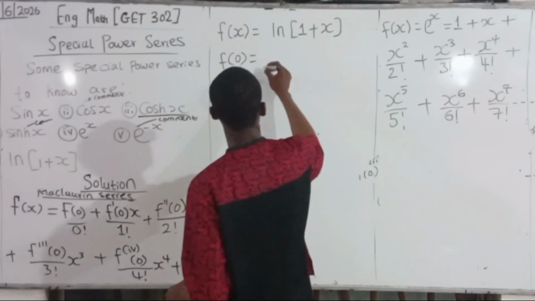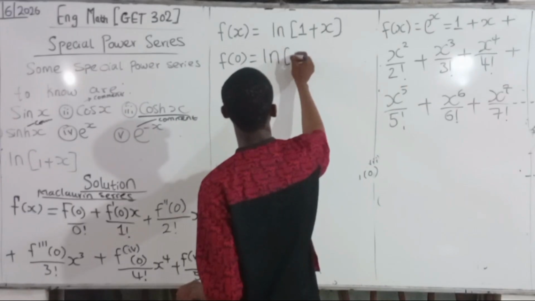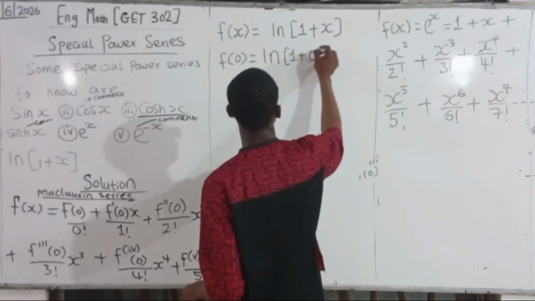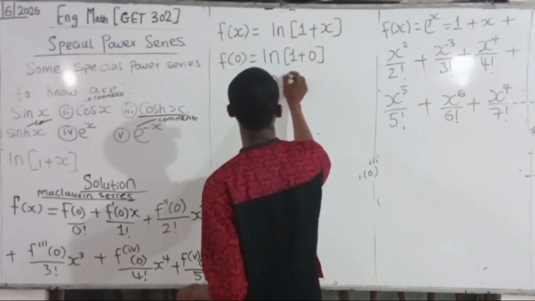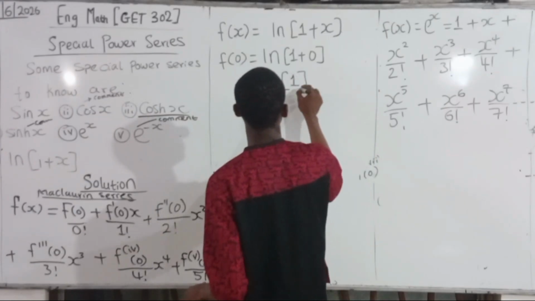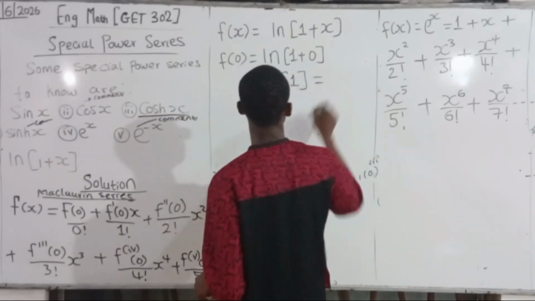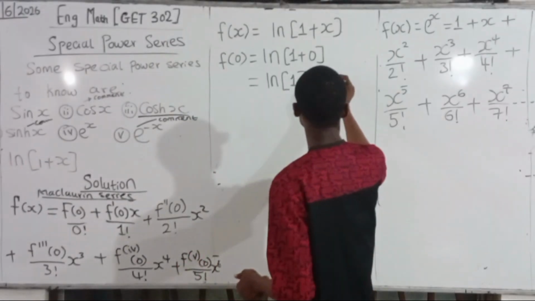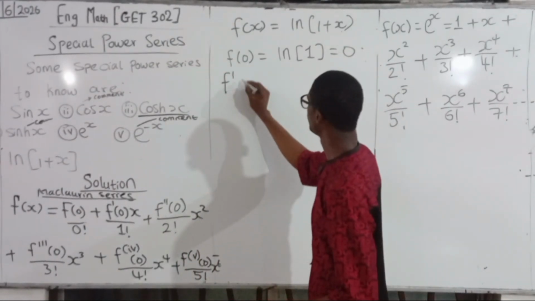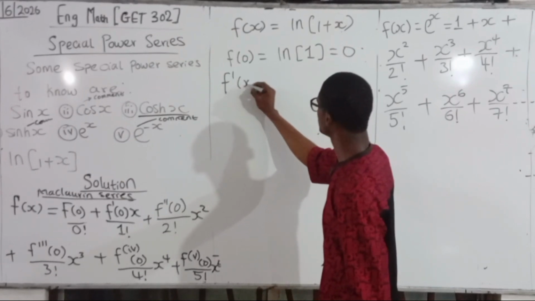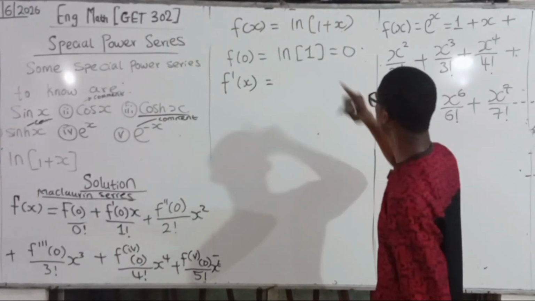So f of 0 will become ln of 1 plus 0, which is ln 1, and ln 1 should give us 0. Now if we take f prime of x, what will it give you?